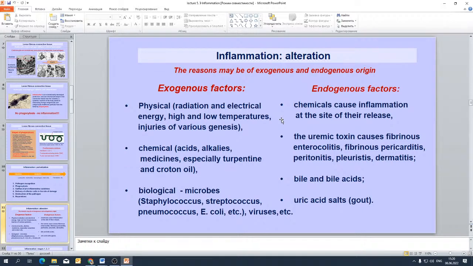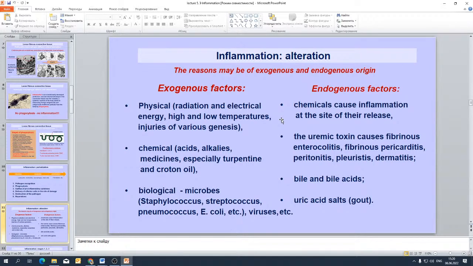And endogenous factors, for example chemicals, cause inflammation at the site of their release.